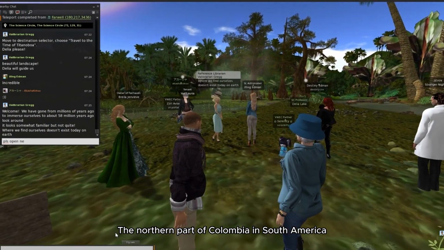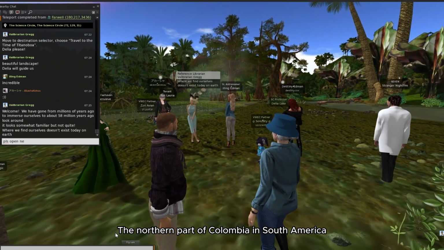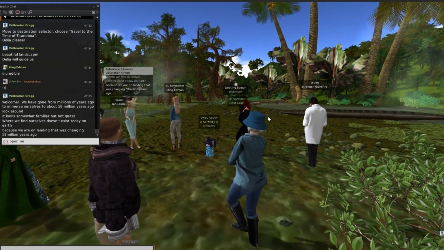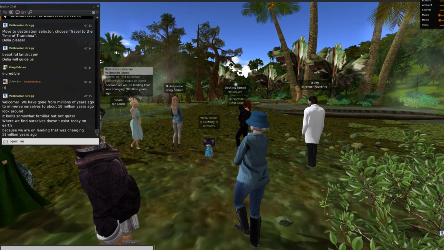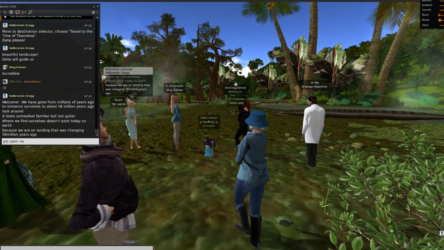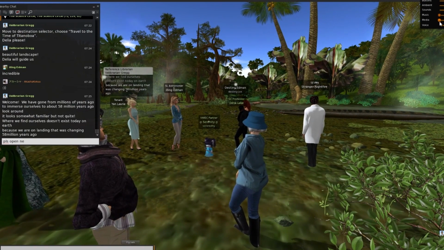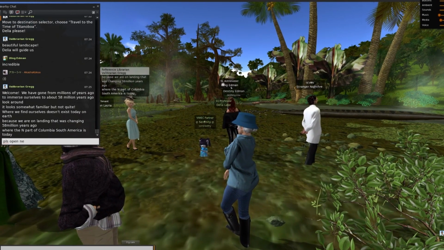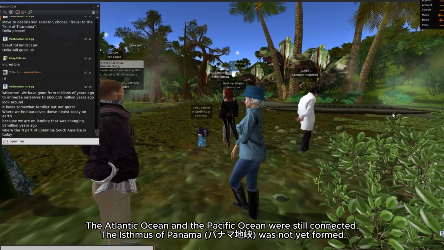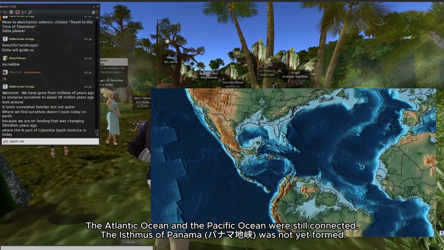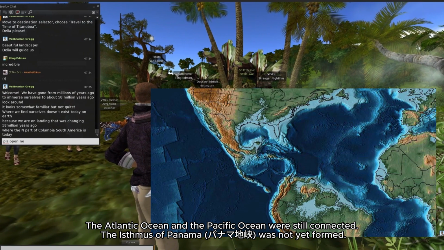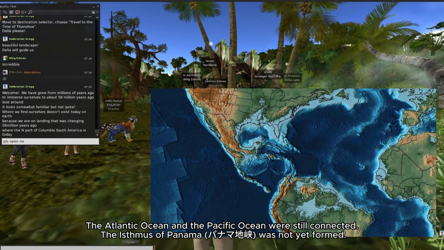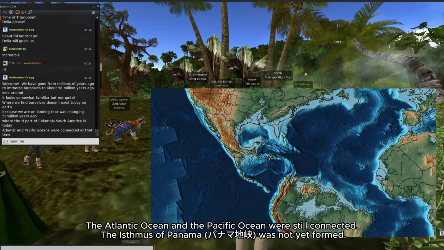It is where the northern part of Colombia in South America is today. But this land was under formation. The Atlantic Ocean and the Pacific Ocean were connected. Panama was not yet formed. So the Caribbean Sea was not yet formed.